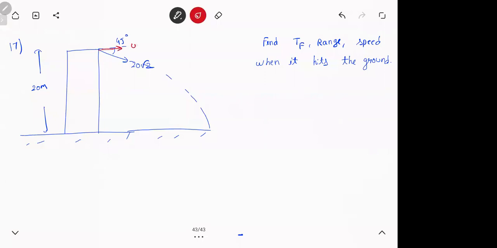This is u cos theta, which is ux, which is 20. This is uy, u sin theta, which is also 20. That is 20 root 2 and 45. Now, what is sy? Minus 20. Why? Vertical direction, you are coming down. What is uy? Minus 20. Now, writing the equation. Sy is uyt plus half ayt square.